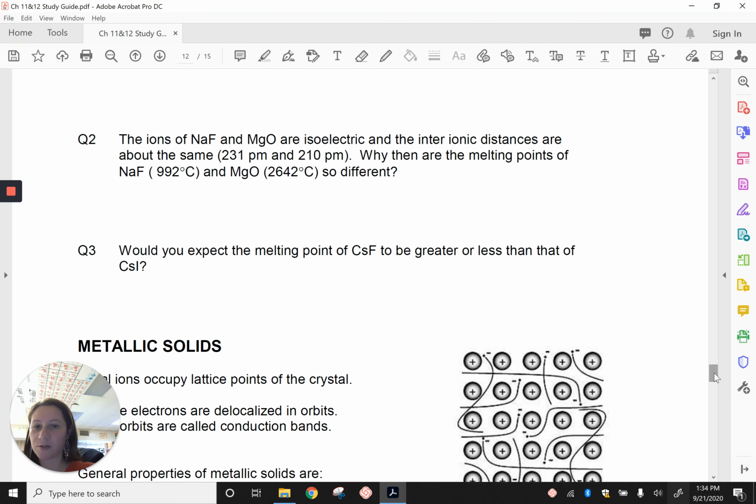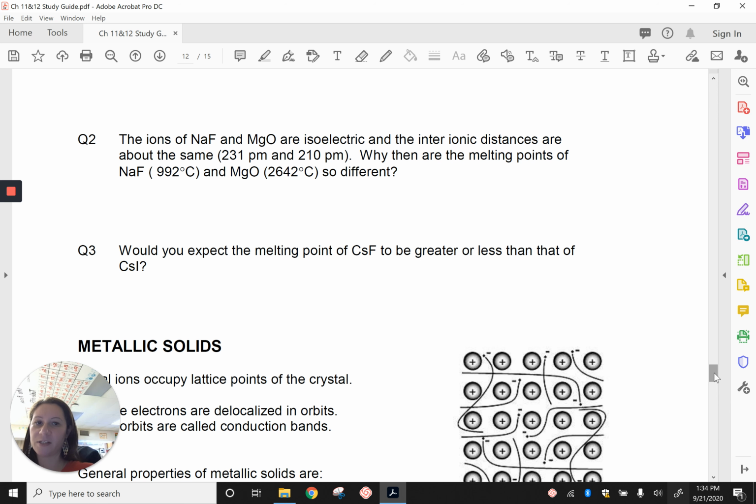Within ionic substances, remember we said these Coulombic attractions between the positive and the negative charges is what keeps the crystal together. So in order to melt an ionic substance, you got to overcome these Coulombic attractions between the ions. So this question is telling us the ions of NaF and MgO are isoelectronic.